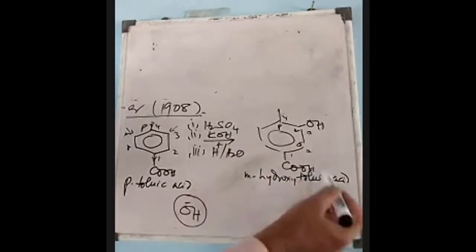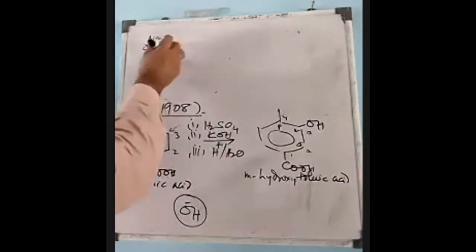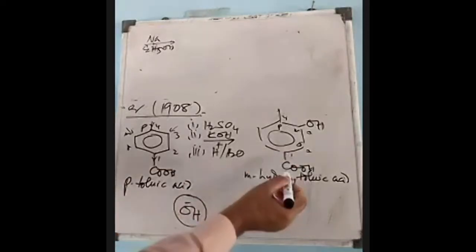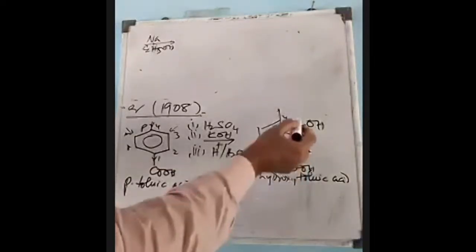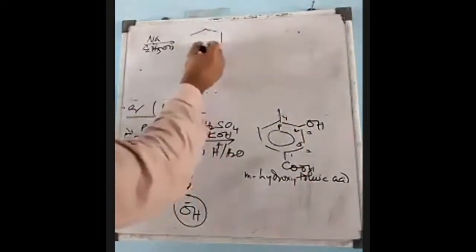When you get this meta-hydroxytoluic acid, now if you treat it with sodium and ethanol, if you remember, sodium and ethanol was used for what purpose? Reduction. In the first semester we have done this one. Sodium and ethanol is used for the reduction purpose. So what will be reduced? Here the ring will be reduced, not the carboxylic acid.